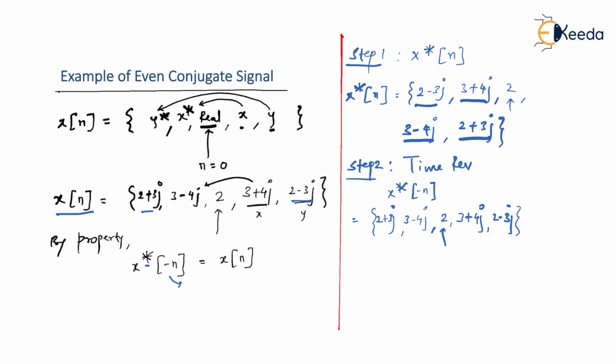So after the time reversal property, what you have is x conjugate of minus n, which you can observe is straight away equal to x of n. Therefore, we can now prove that since it satisfies this property, the given x of n signal, which we have constructed on our own, is an even conjugate signal.